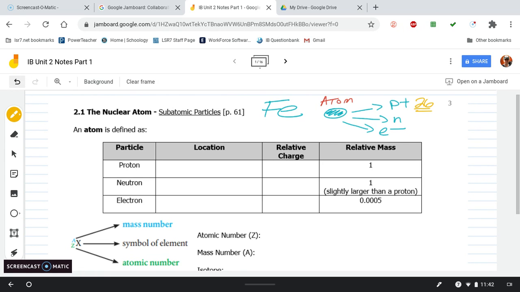So once we break that apart, there's nothing unique. So I'd write down for the atom that that's going to be the smallest unit of an element. If it gets smaller than that, there's no guarantee that you have a specific element anymore.